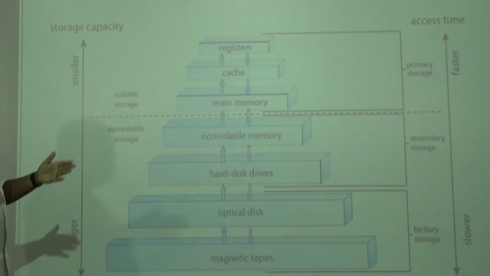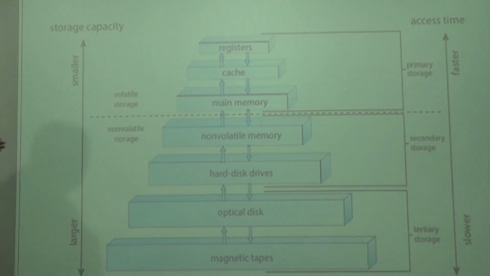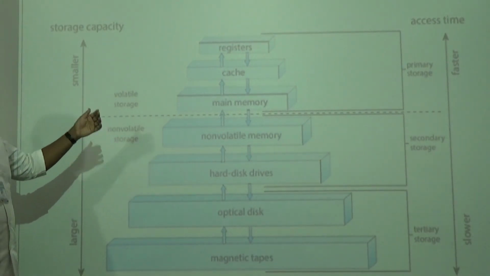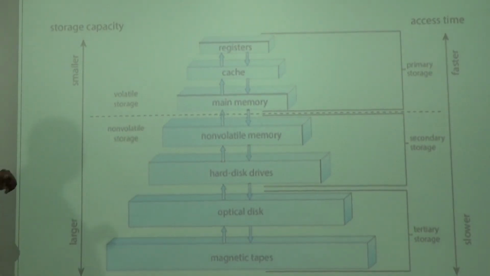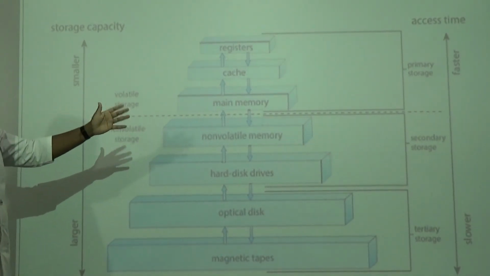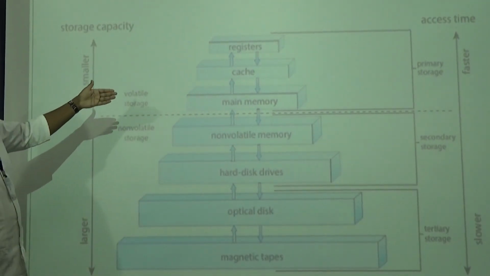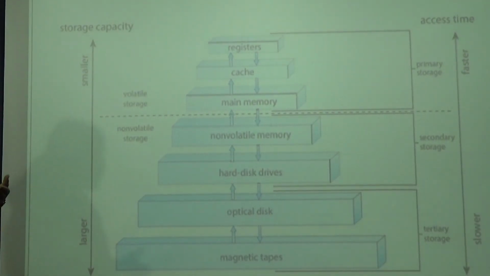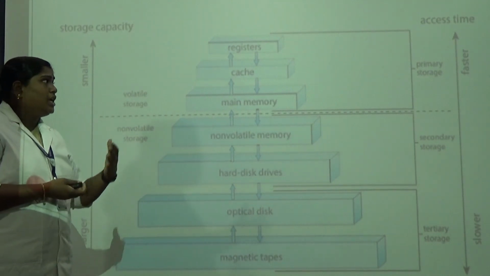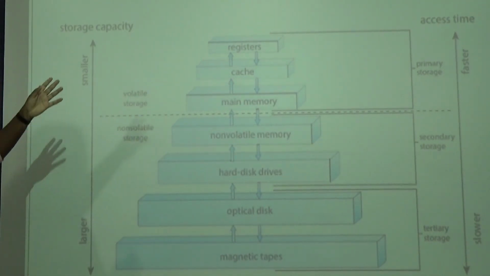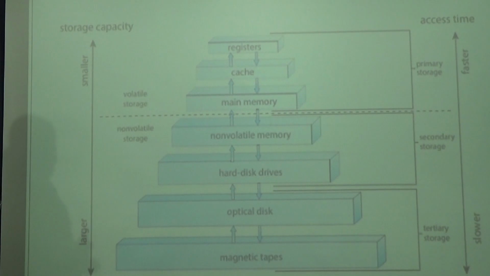Next is secondary storage, which we have seen now: hard disk drives and non-volatile memories. It's called non-volatile storage, and it's a little bit faster compared to the tertiary storage. Next are main memory, cache and registers. They act as primary storage, and the access time of this volatile storage is very fast, right?